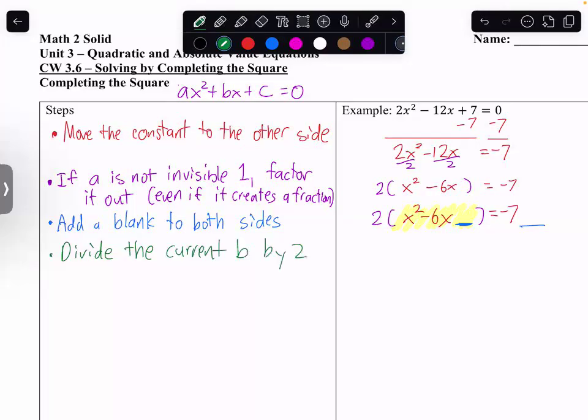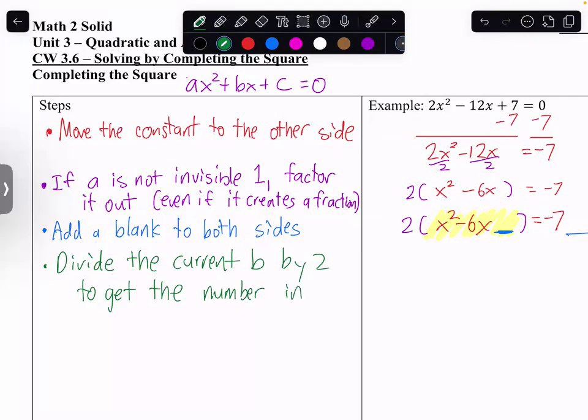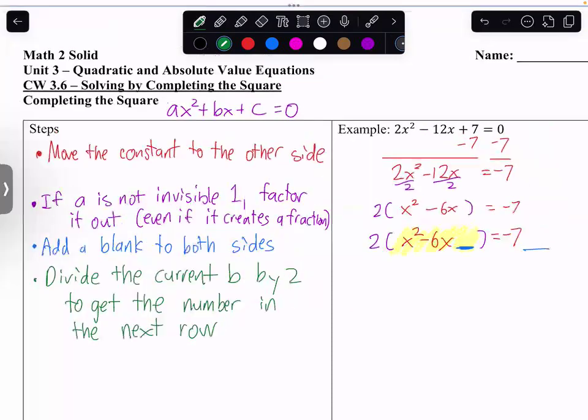Just like we did on the front side, whatever b is, whatever the coefficient of x is, divide it by 2. This one's going to look kind of tricky.